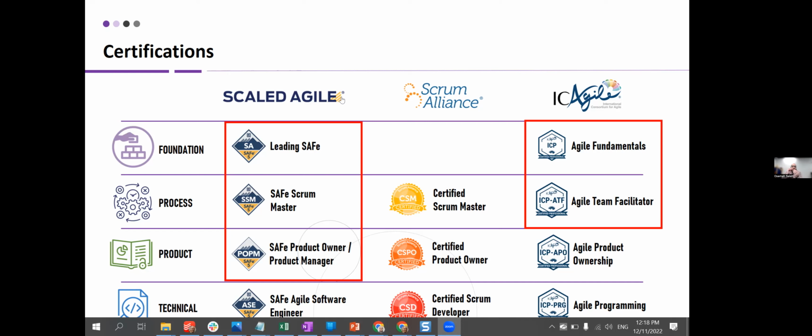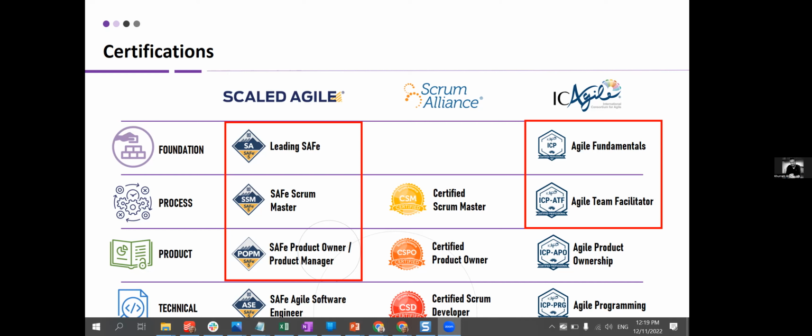Take the certificates that you need, and then you can specialize more in an agile track. But for a career in the Salesforce ecosystem, whether at the company itself, Salesforce, or the whole ecosystem, the Salesforce implementers and consultants and so on, you may just need a fundamentals certificate. Hopefully that answers your question.